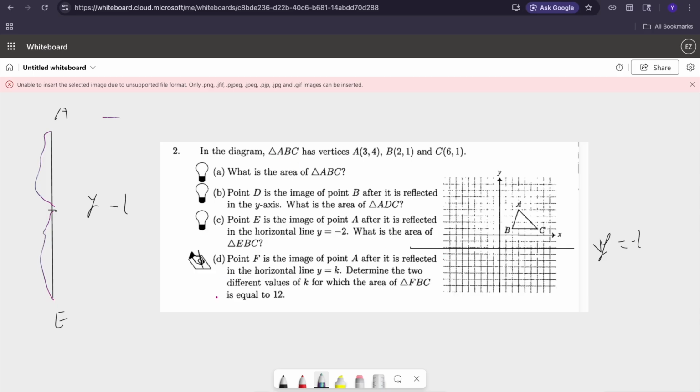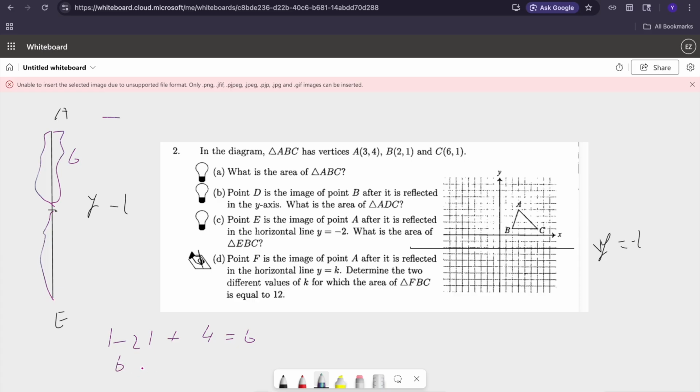Okay. This means we just need to find the absolute value of -2, plus 4, we get 6. This part equals 6.